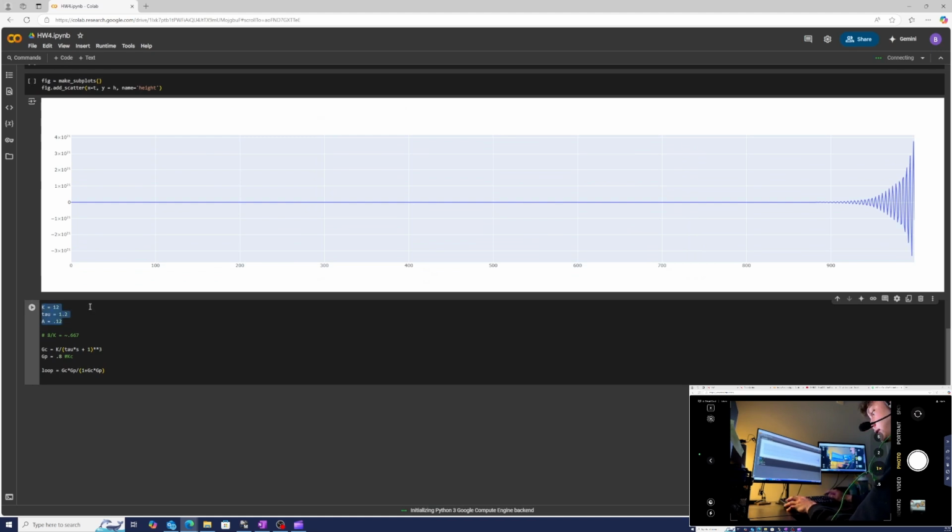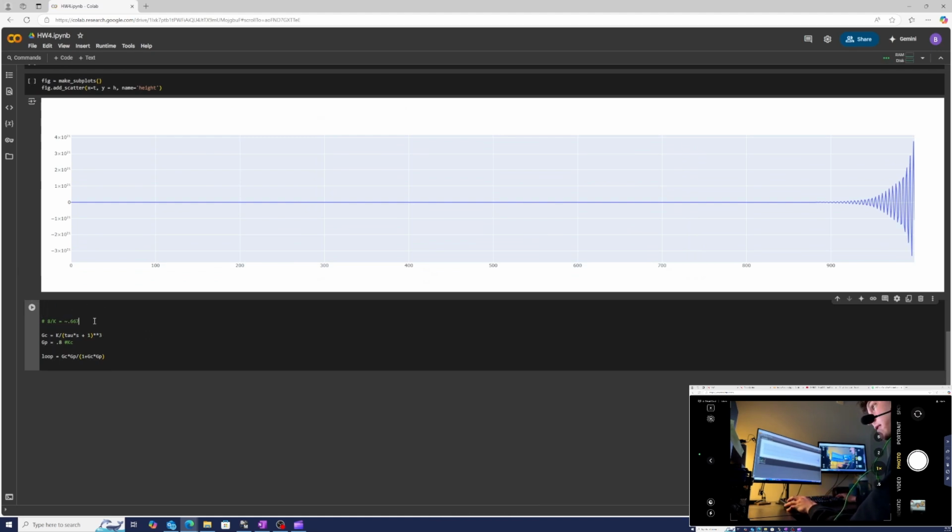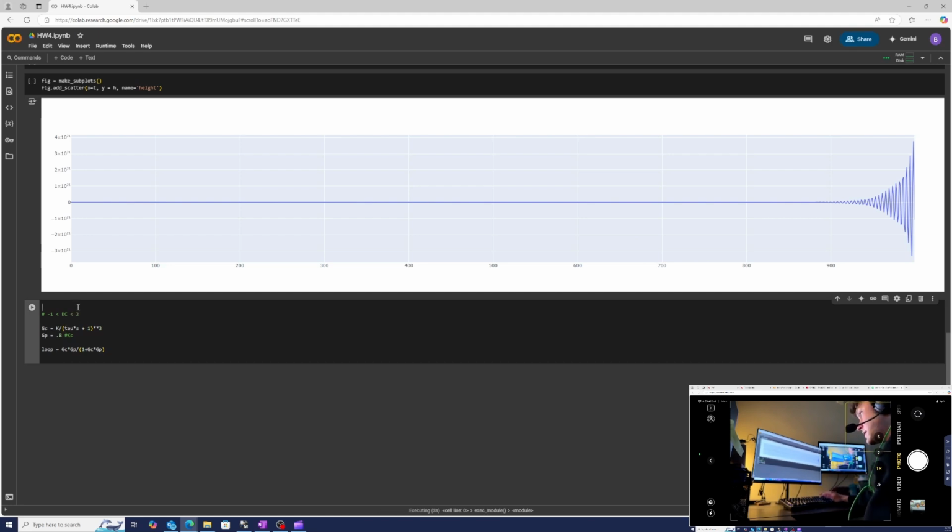We don't need any of these for our system, and we know that our Kc in this case must be greater than negative 1, but also less than 2, and this is what we'll be testing. So our GC, oh this isn't right, it should be our GP, and this will be our GC, which is just equal to our Kc value.